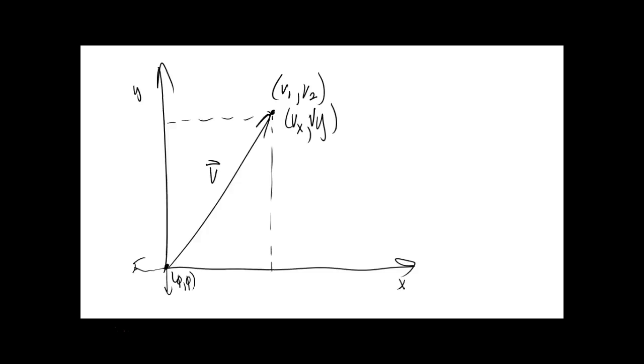So here's a vector. It starts at the origin. The initial point is 0, 0. Your v sub 1 or x sub 1 or v sub x, whatever you want to call that, is 0, and so is the y. This is the initial point, and this is the terminal point.